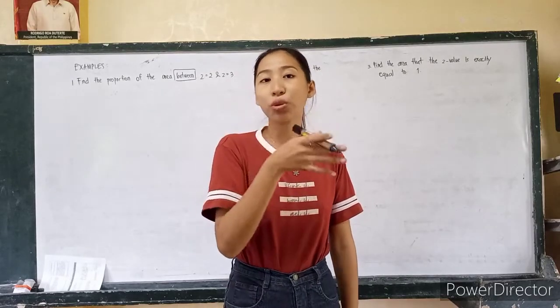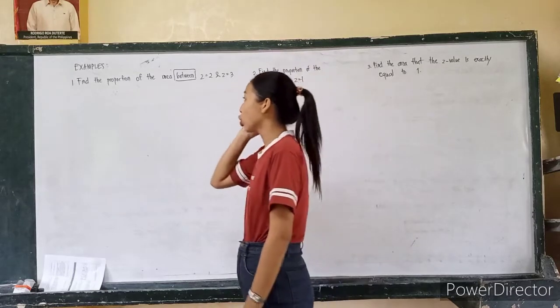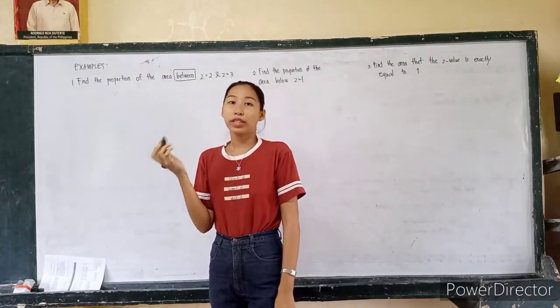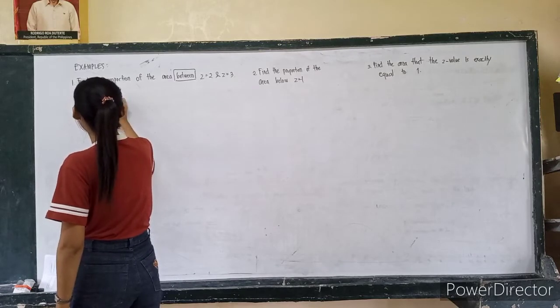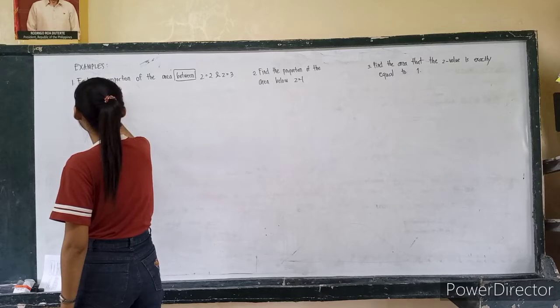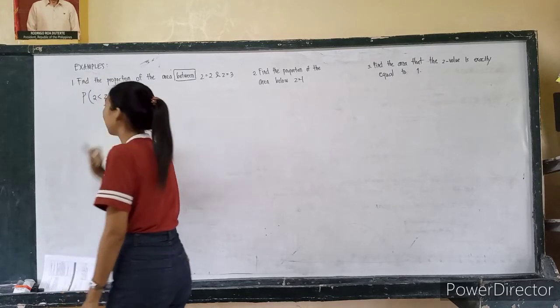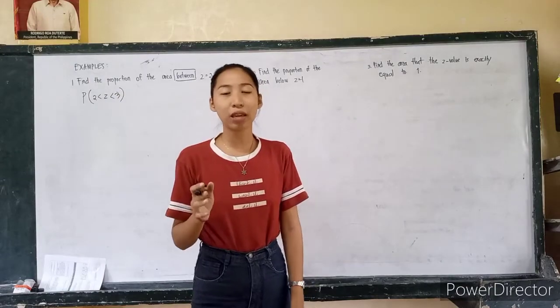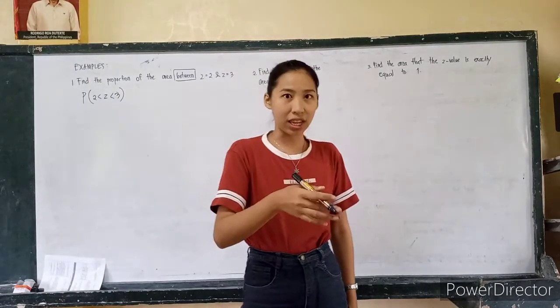Familiar? A is 2 and B is equal to 3. No? Duha ka values. So what would be our notation? Our notation is the probability that Z is greater than 2 and less than 3. No? Kaya ang imong Z na gusto pangitaon is naa sa tunga sa 2 ug sa 3.